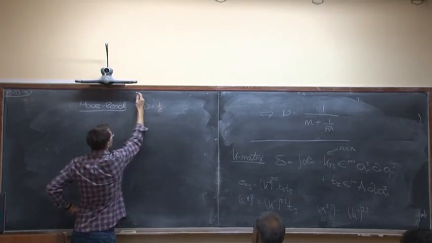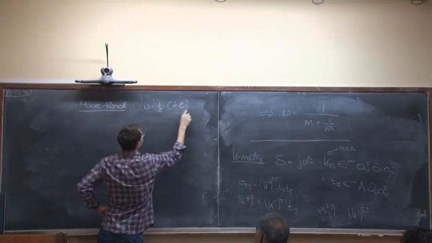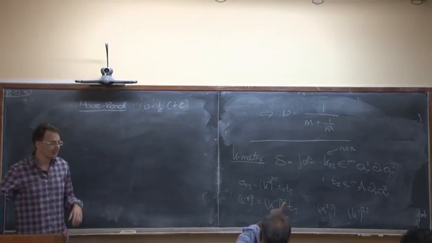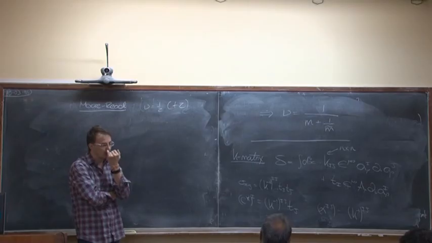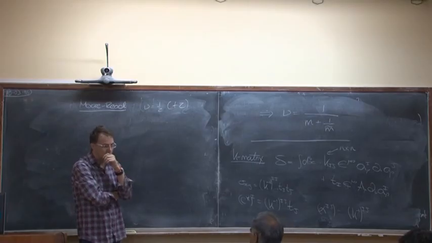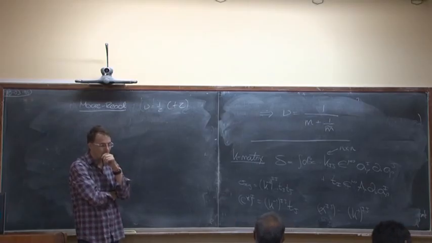Sorry, can I just ask something then? Again, with M odd or M even, is there no issue with the statistics? We are going to talk about that. Is it?